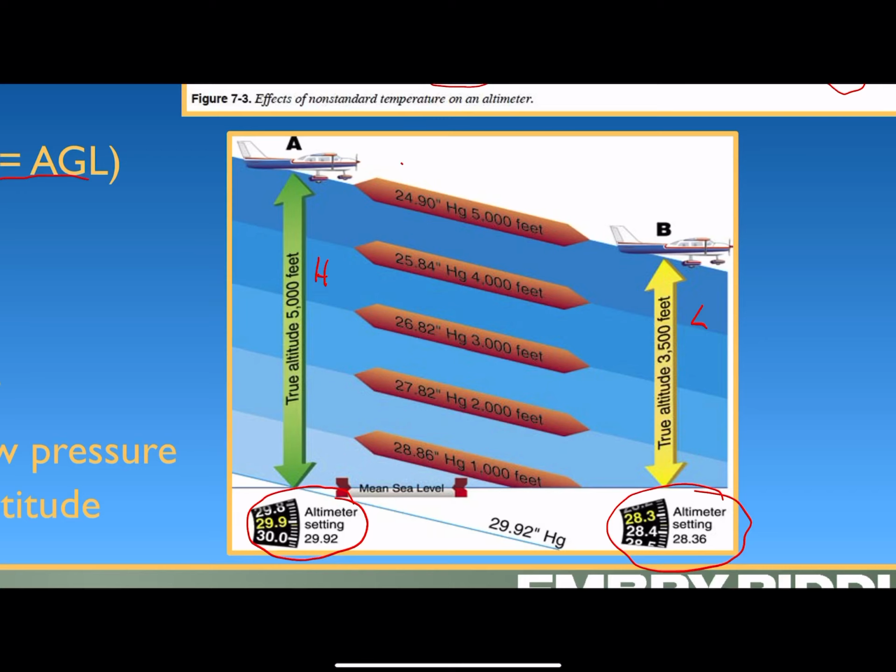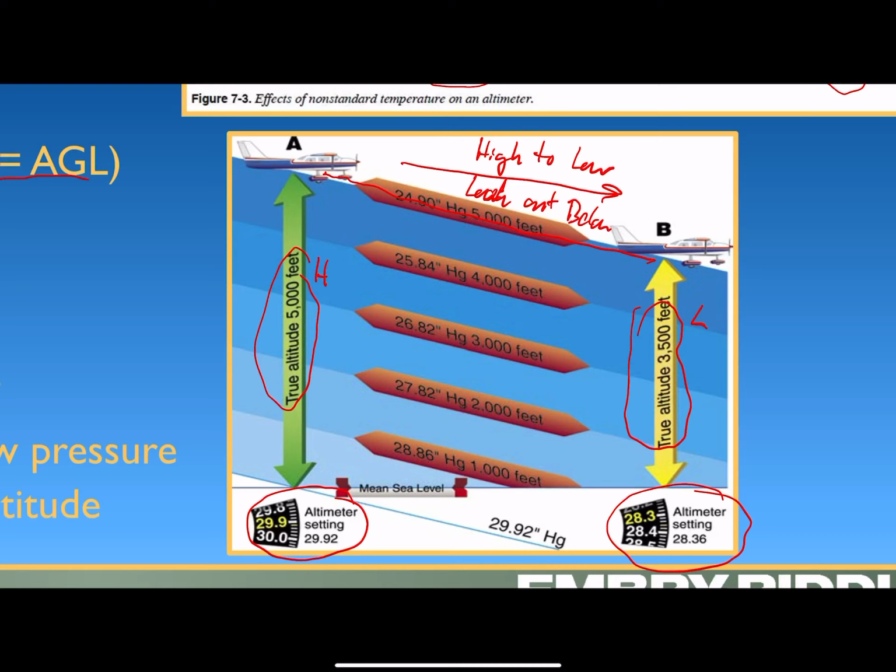So we've gone from high to low. So we say, look out below. High to low, look out below. And you'll notice, again, we've maintained an indicated altitude of 5,000 feet, but our true altitude has changed from 5,000 feet to 3,500 feet. So we have to be very careful.